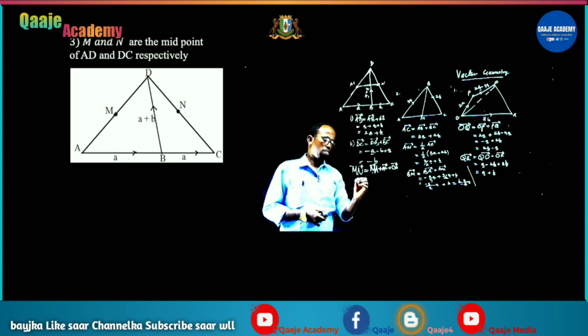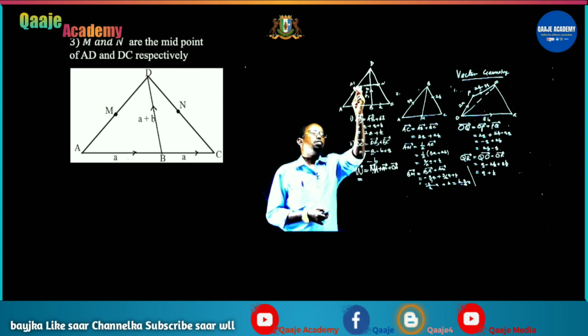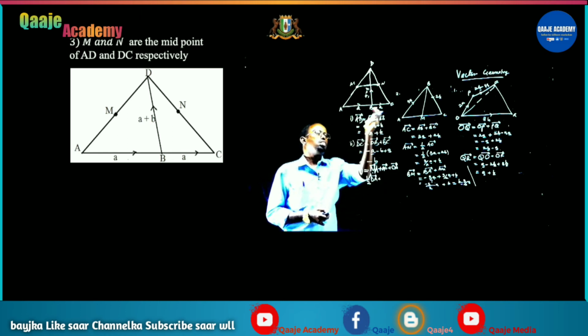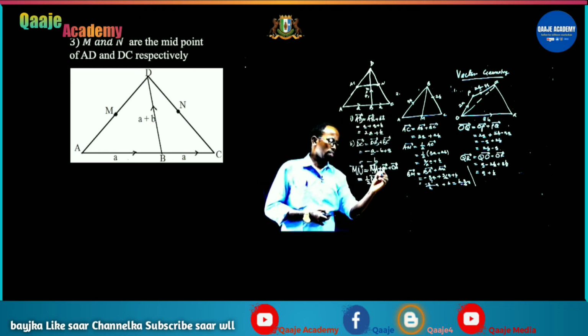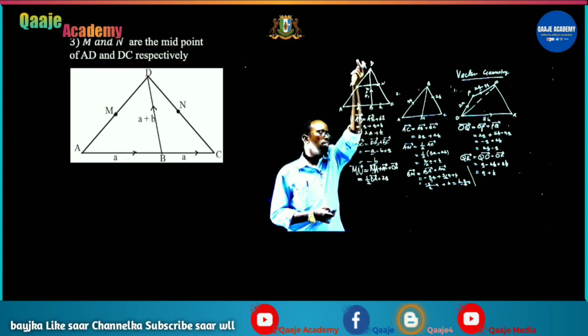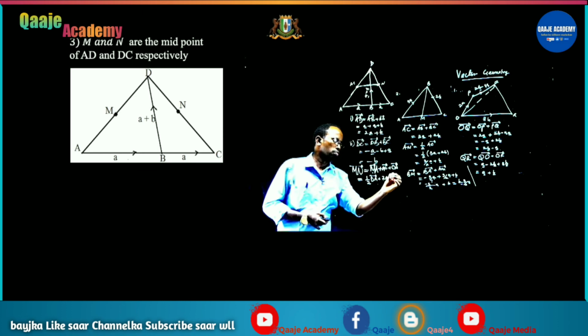So MA, this distance is half of the line DA, plus AC is A plus A, 2A. So that is AC, which is 2A. And then plus CN, CN is half of the line CD.